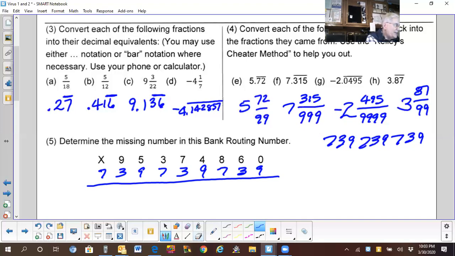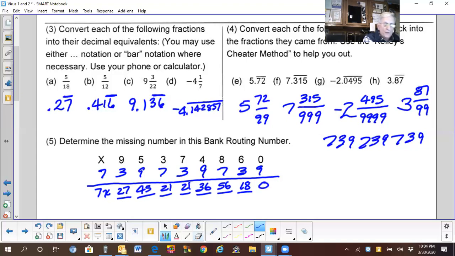So this is 7x, 27, I usually underline a two-digit number, 45, 21, 21 again, 36, 56, 18, and 0.